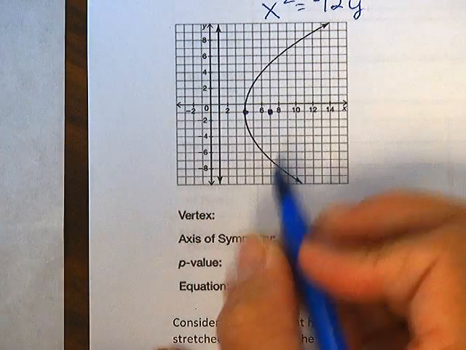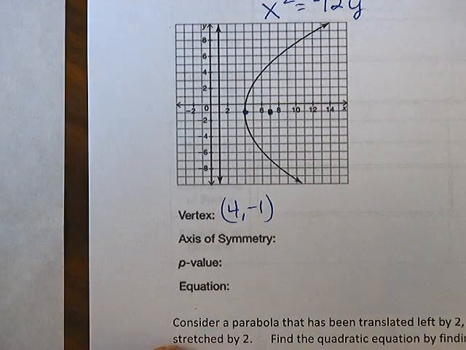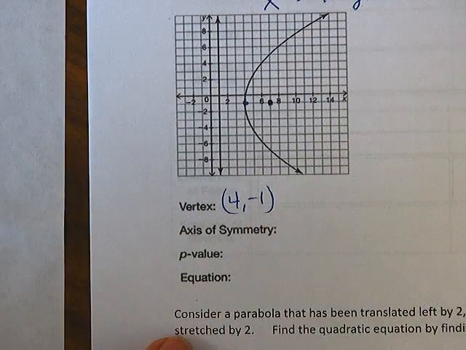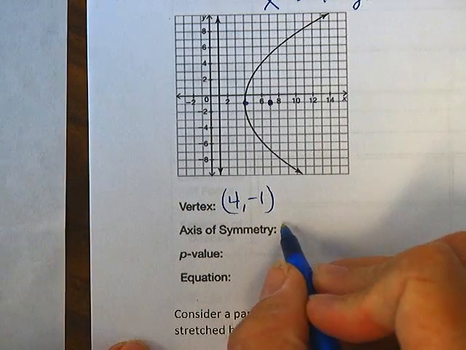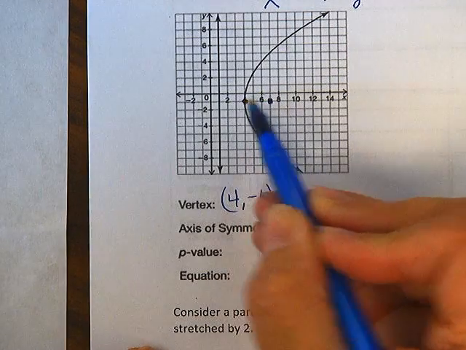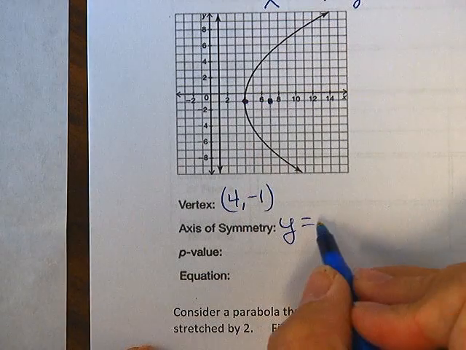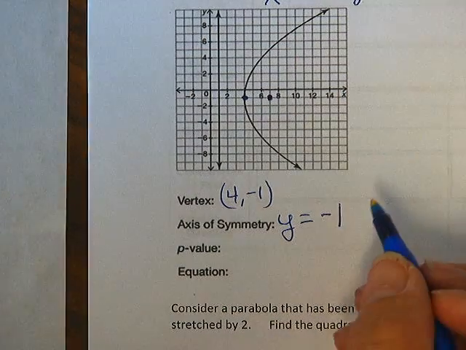So this has got to be at 4, negative 1. We fill in our vertex right away. Our axis of symmetry is horizontal again, so it's going to be y is equal to, and the y value of my vertex is negative 1. So y equals negative 1.